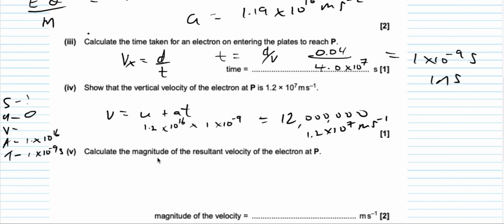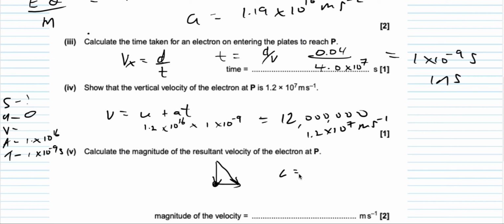It says calculate the magnitude of the resultant velocity at point P. So for us to do that at point P, we have the horizontal velocity and we have the vertical velocity, which is going downwards. So it is for us to literally find the hypotenuse of that, which is us using Pythagoras' theorem. Pythag would say that a squared plus b squared is equal to c squared.